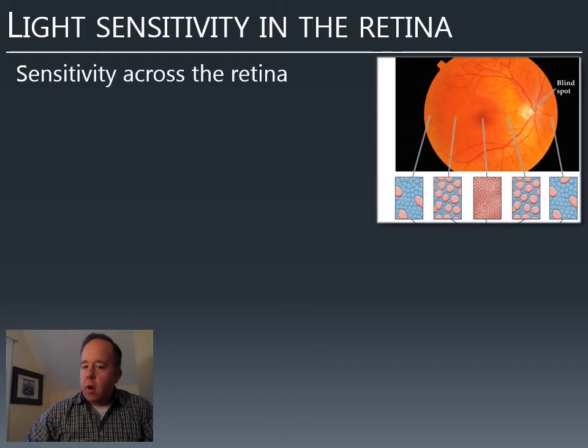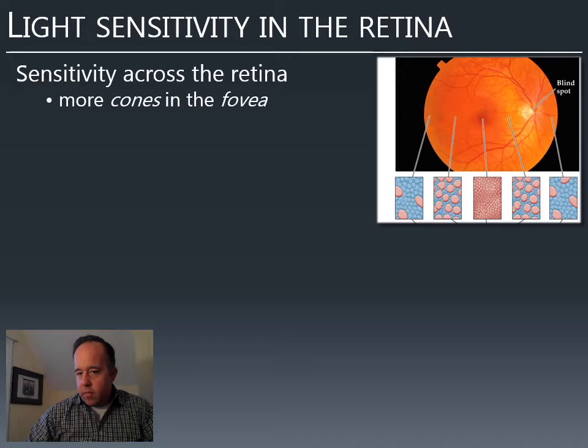And it's not the same across the entire retina in terms of sensitivity to light. So if you look in the middle of the retina, that is the spot in the retina where light falls, that corresponds to the middle of your vision, what you'll notice is that there are more cones there. So those cones are in this spot that we call the fovea, the central part of your visual field that corresponds to the middle of the retina.